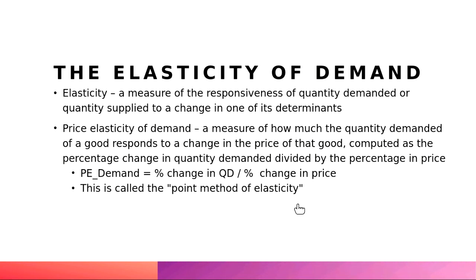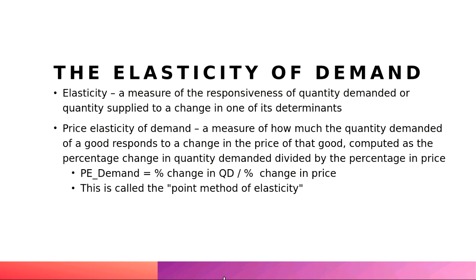And then you put that above your original price minus your new price over the original price, and you'll get two fractions. The top fraction is the percentage change in the quantity demanded, i.e. the difference between your old quantity demanded and your new quantity demanded over the original quantity. And you'll get the percentage change in price beneath that, i.e. the difference between your old price and your new price over the original price.